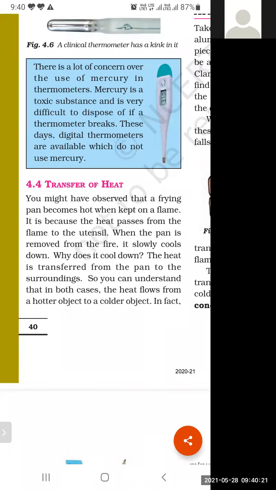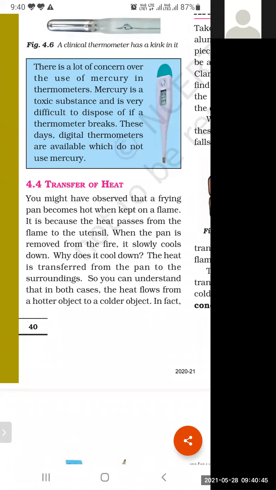In the second case, when we remove that pan, the temperature of the pan is higher than that of the surrounding. Surrounding means the nearby area. So in the second case, the heat will flow from the pan to the surrounding. That is why the pan will slowly cool down.